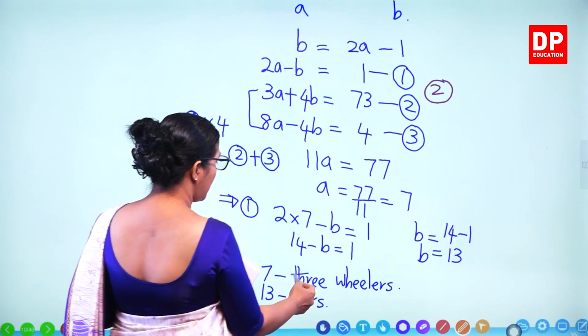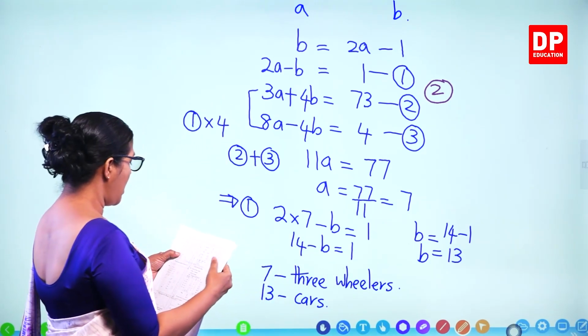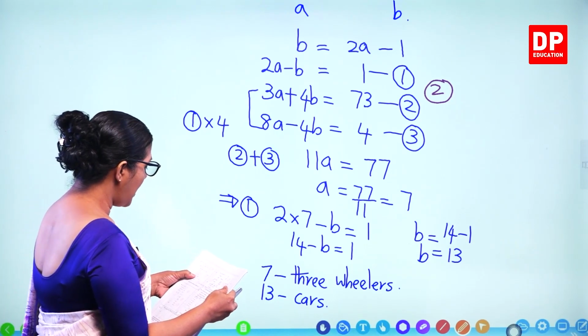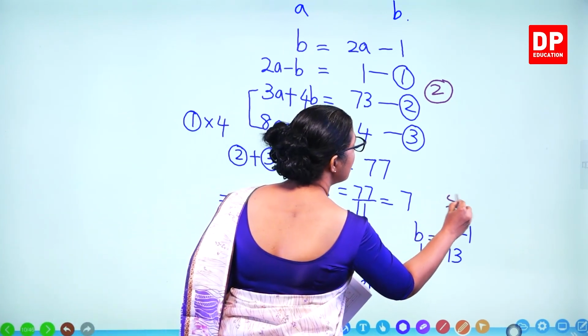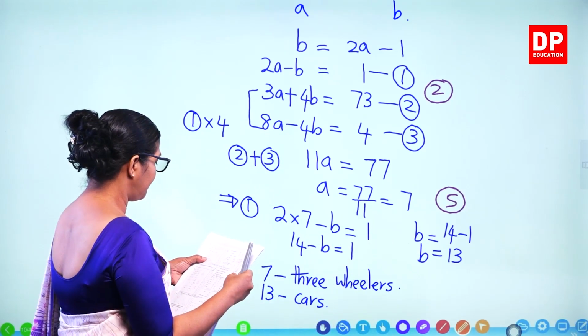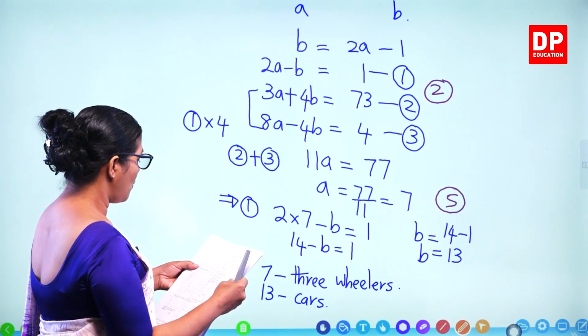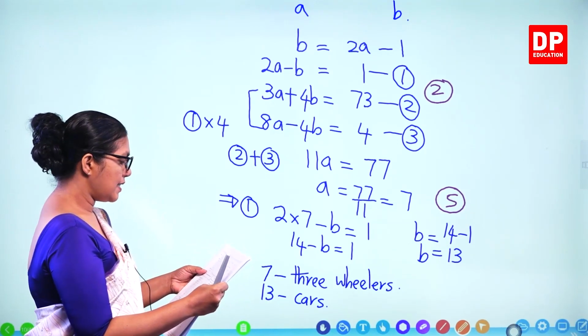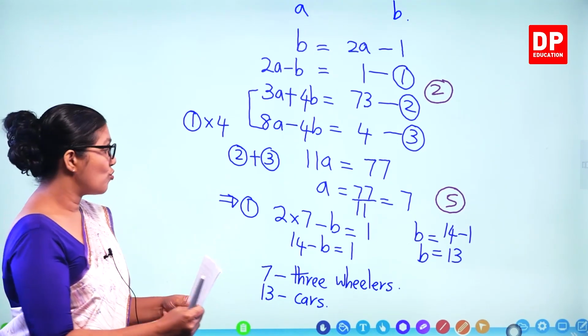X means here we have A equals 7 and B equals 13. So we get 5 marks. So that's 7 marks for finding the values. So let's do part B.